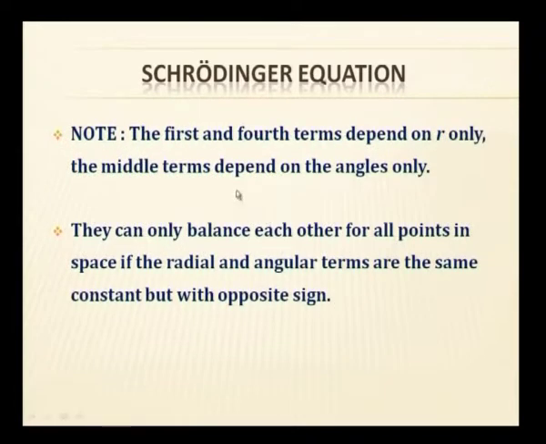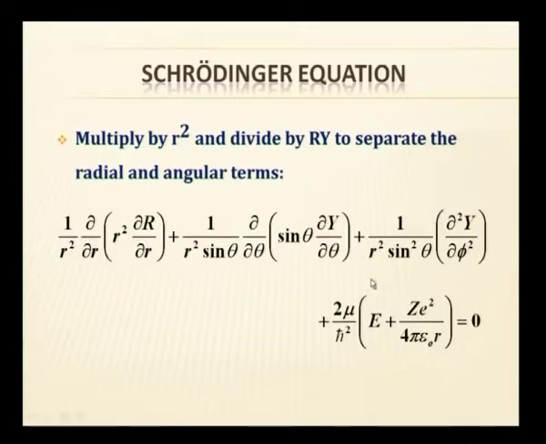You should note that the first and fourth terms only depend upon r. You see, the first term depends upon r, this also depends upon r, whereas this depends only on theta and this depends only on phi.